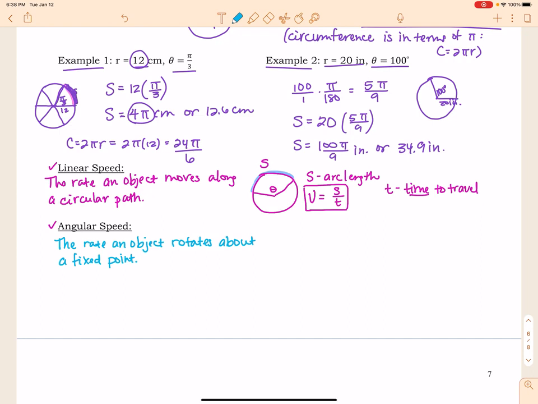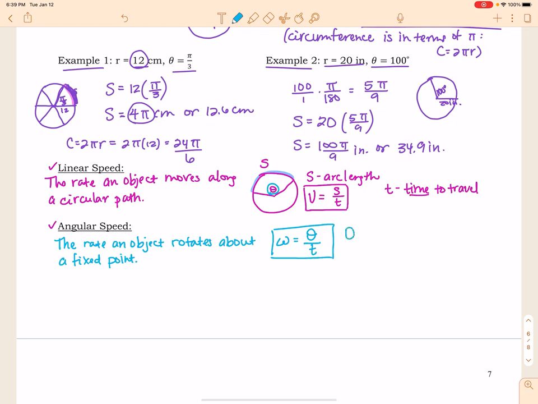Okay, so again, we are going to use a Greek letter. It looks kind of weird, like a little wonky W. It's actually the lowercase omega. And its formula is theta, the central angle, divided by t. Okay, so this is the formula for angular speed.